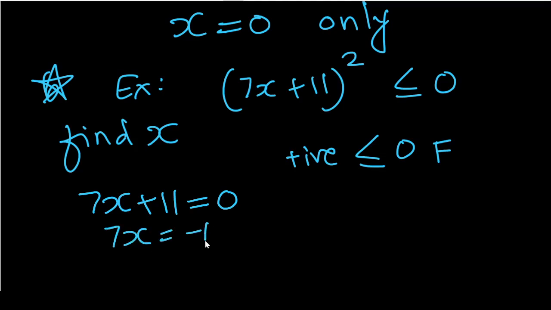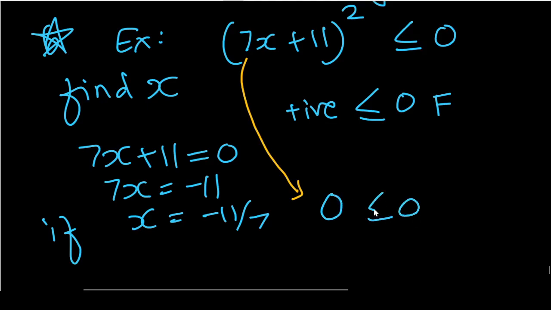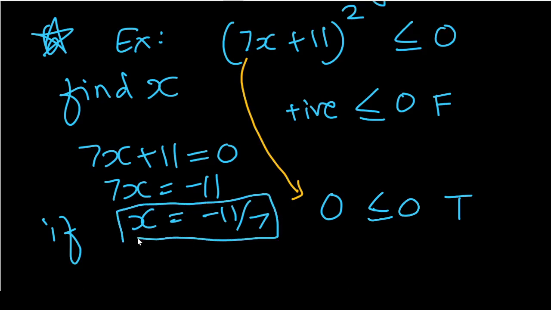It vanishes at x equals minus 11 by 7, guys. In that case, if you substitute, 7x + 11 would be 0, and 0 less than or equal to 0 is true. So we can say that x equals minus 11 by 7, the value of x at which that linear expression vanishes, is the only solution, guys.